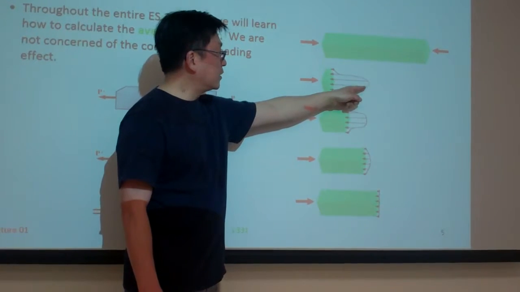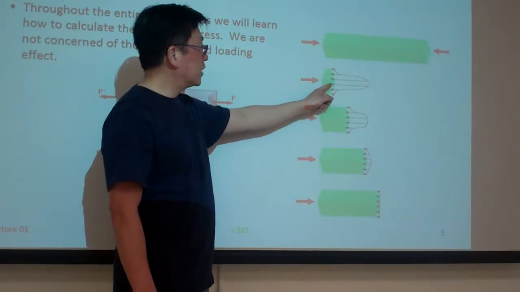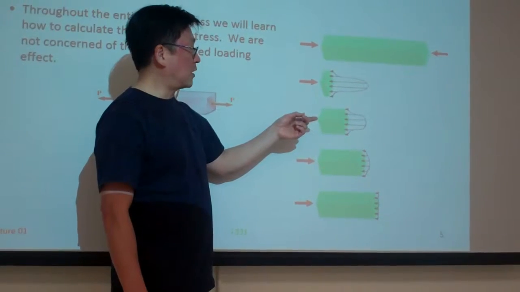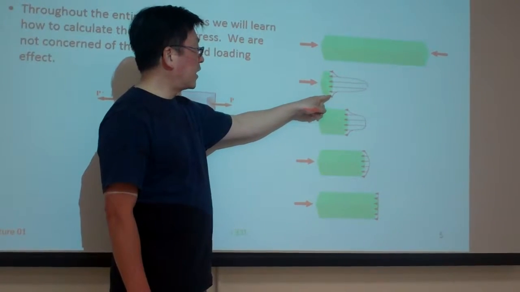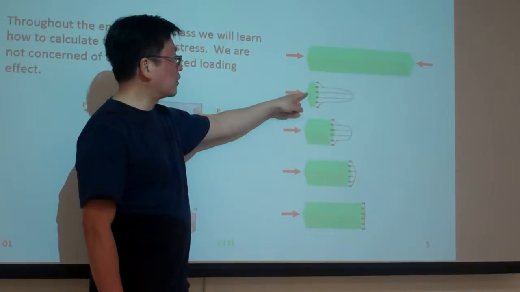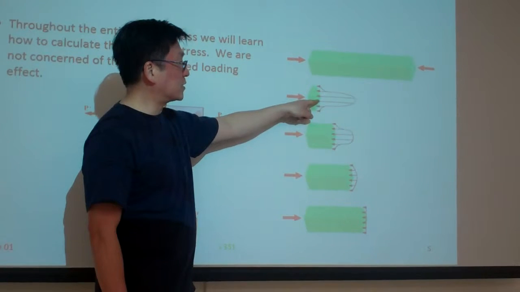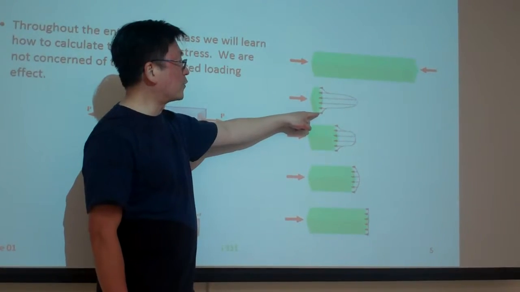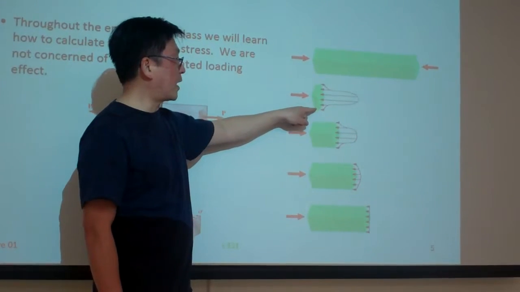The drawing here shows the magnitude: the larger the arrow, the larger the value of the stress. So you can see nearby the application of the loading, the stress has much larger values compared to any stress that is farther away from where the loading is applied.